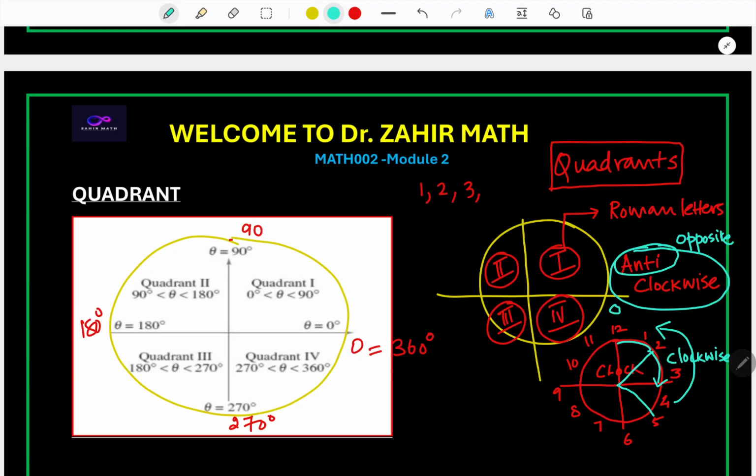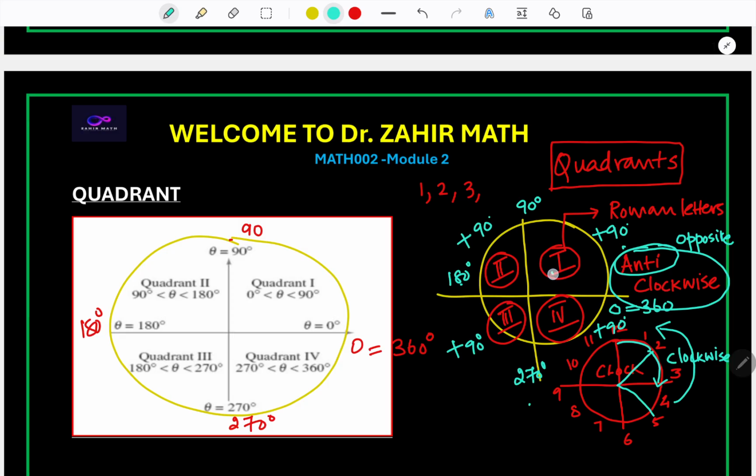So let me take 0 here and 90 here, 180 here, then 270 here, and again it comes to 360. It means I'm going to add plus 90 degrees each time to get these measurements: 0, 90, 180, 270 and 360.